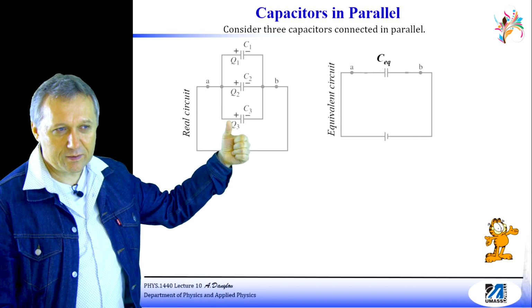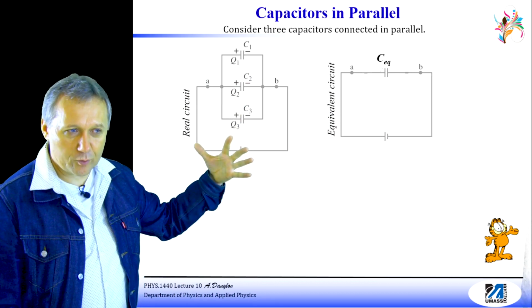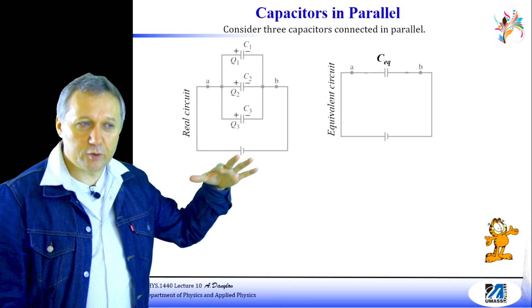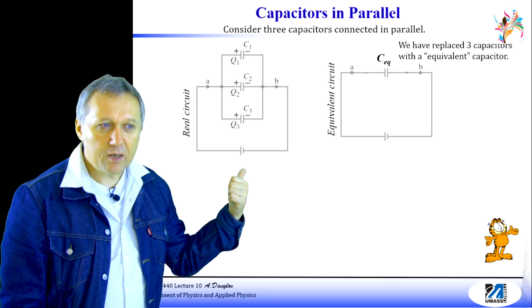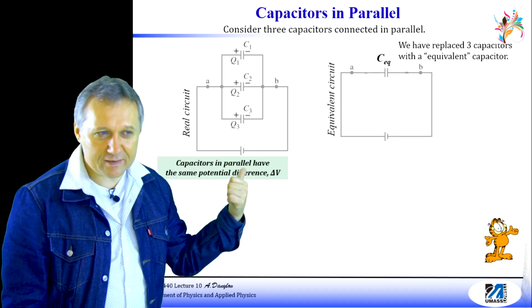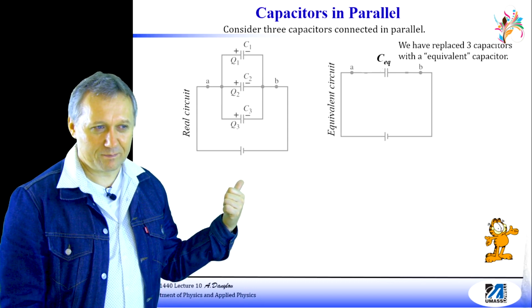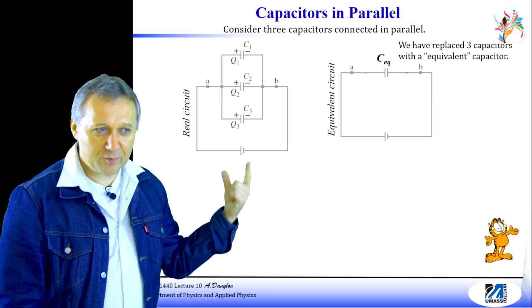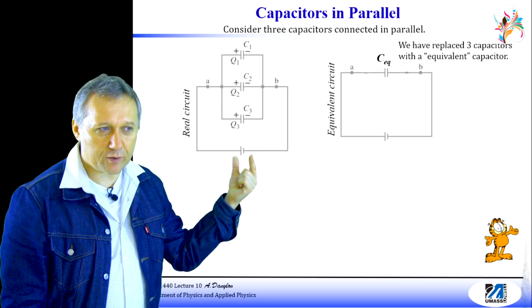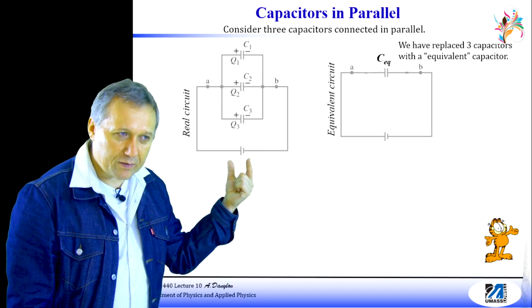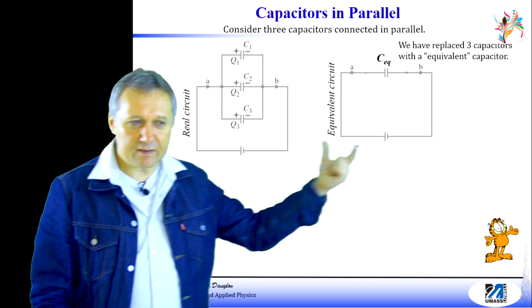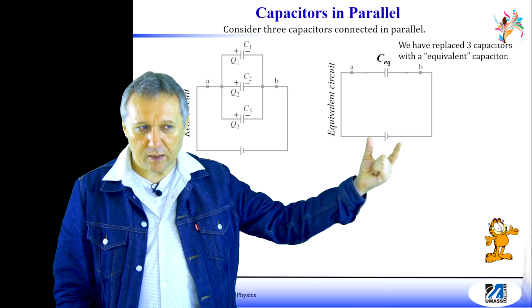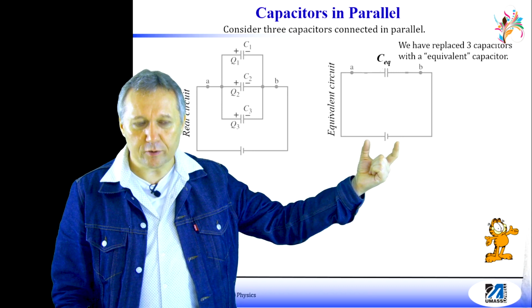three capacitors. And again, as I told you, a very important statement: when you do this replacement, the rest of the circuit, in this case just the battery, must work in exactly the same way. It means that if in this real circuit the battery provides potential difference delta V, exactly the same delta V must be in the equivalent circuit.